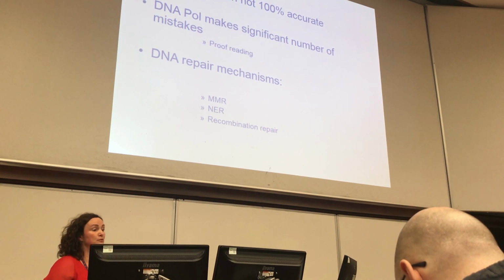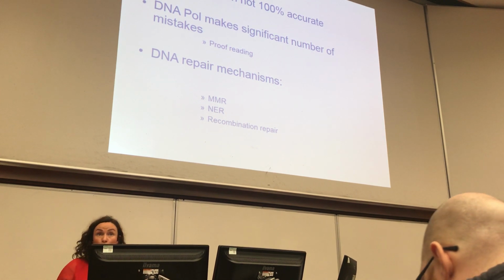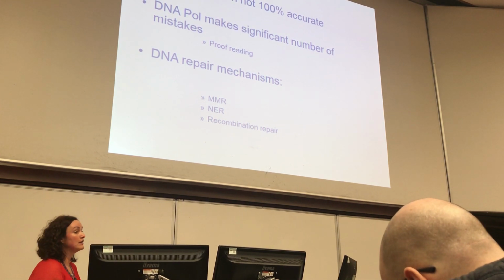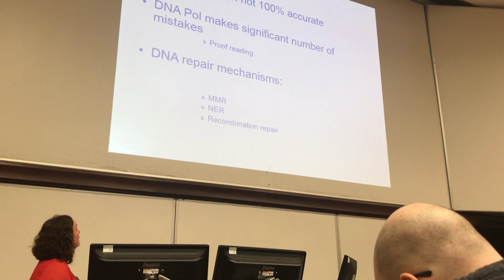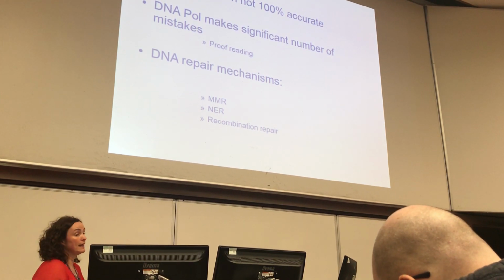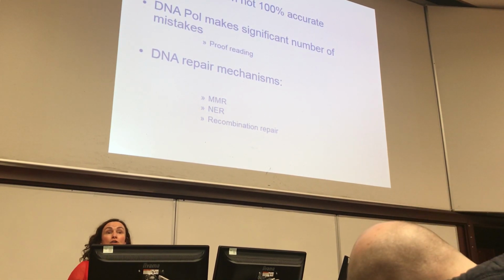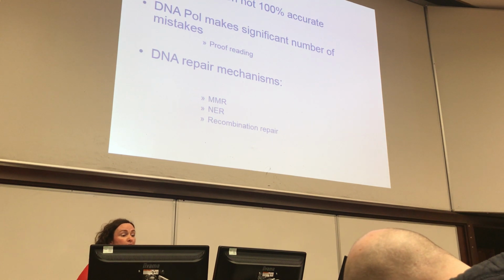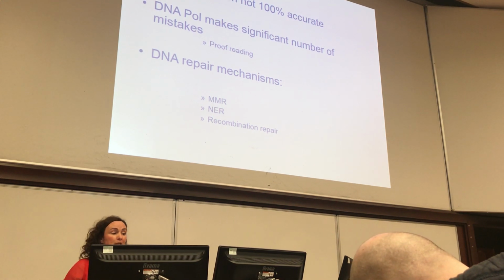So apart from proofreading by DNA polymerase, which only occurs in DNA replication, we do have DNA repair mechanisms. So we have mismatch repair, nucleotide excision repair, and also recombination repair.